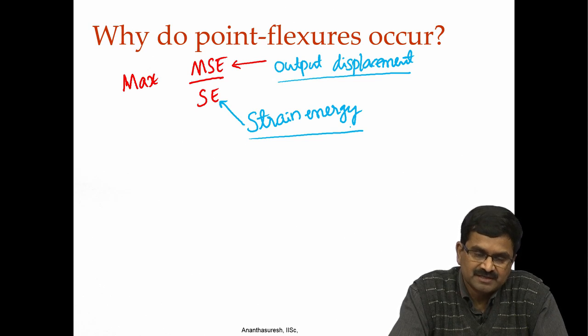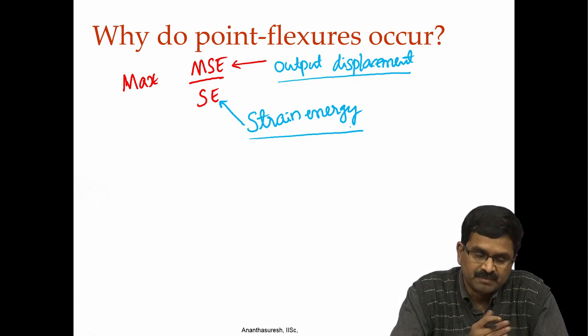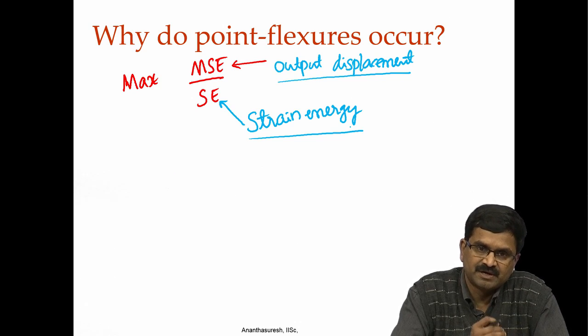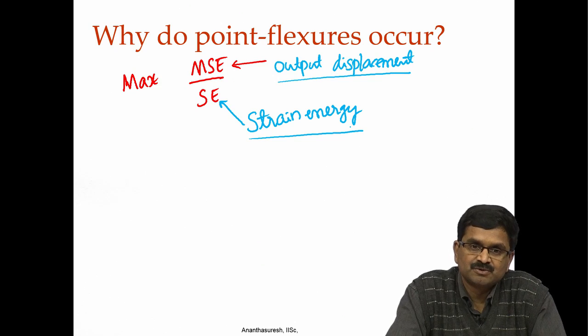For a rigid body linkage, for a given force, there will be a lot of displacement, basically maximizing displacement, and strain energy in them will be 0, because there is no elastic pair, let us say rigid body linkage with kinematic pairs or kinematic joints, there is absolutely no elastic energy, there is no strain energy. So, that is actually 0.